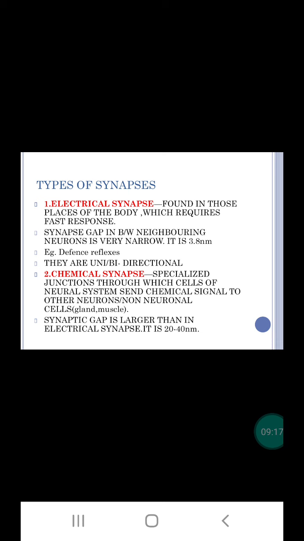Next is chemical synapse. These are specialized junctions through which cells of neural system send chemical signal to other neurons or non-neuronal cells like glands or muscle. And here synaptic gap is larger than in electrical synapse. It is 20 to 40 nanometer, while it is only 3.8 nanometer in case of electrical synapse.